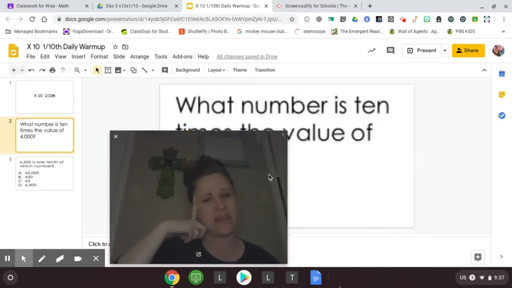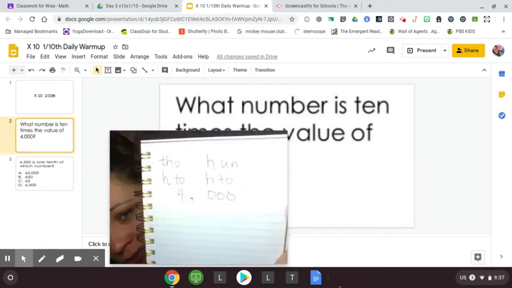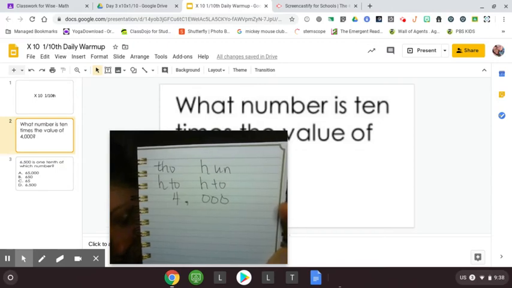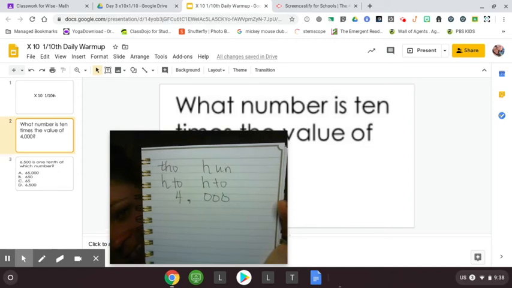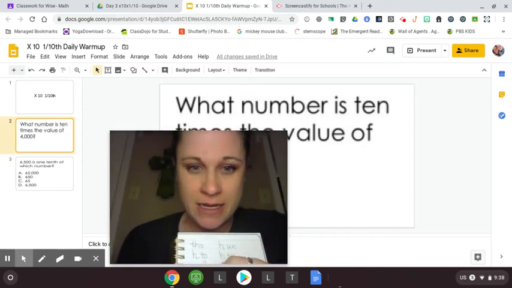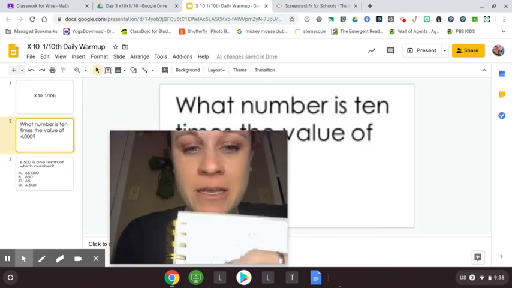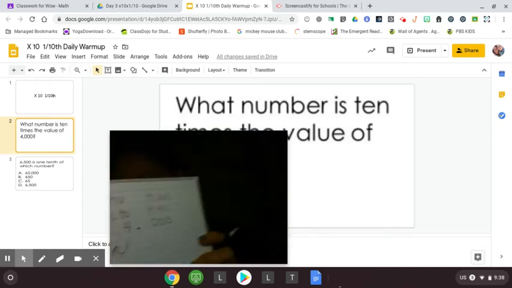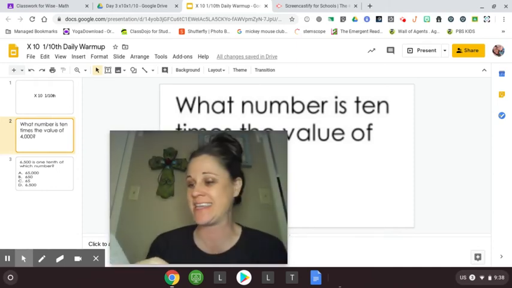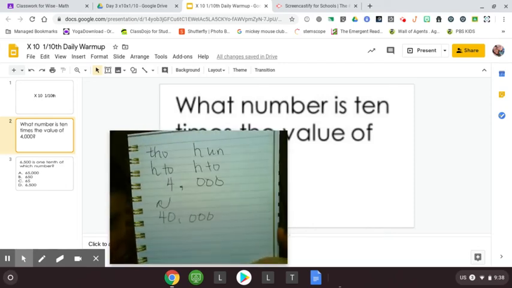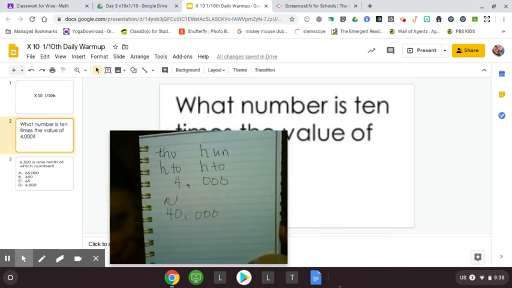So I want you to think for a minute, would I move that number to the left or to the right? Yes, we're going to move it to the left. So I'm going to shift it one place value to the left. So then my number is going to become 40,000 because I made it 10 times bigger.